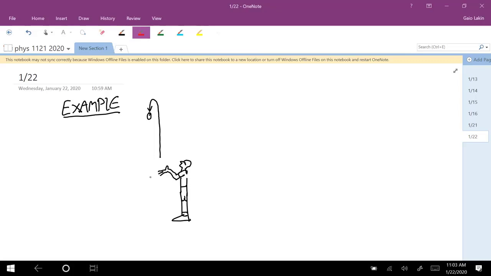Let's say that the height that the ball is released at is 0.5 meters.